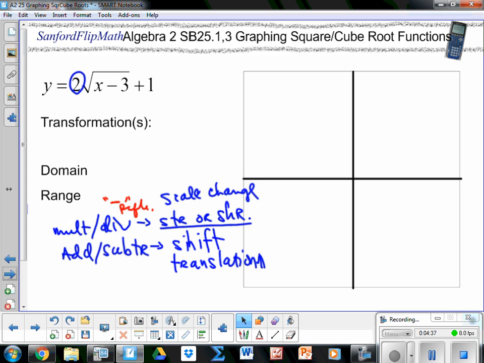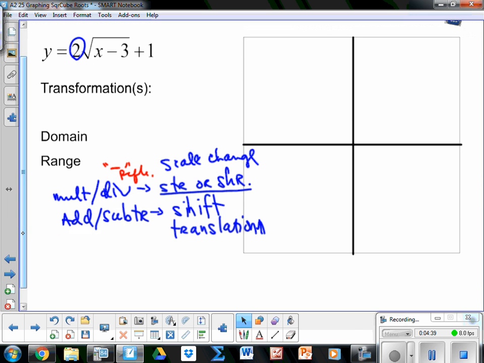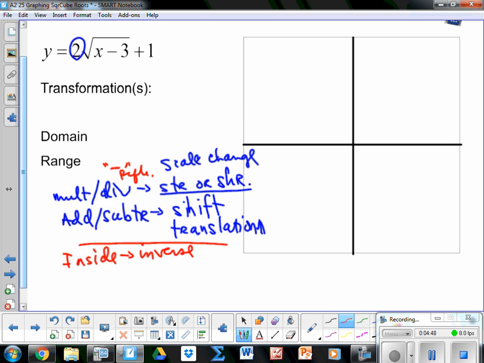One other category to throw in here, and then we'll actually do some work: anything that happens to the inside, we do the inverse. We did this all earlier this year. Inside, you do the inverse, and it affects things horizontally, in other words, it's about x. If it's on the outside, remember, you do what it says.